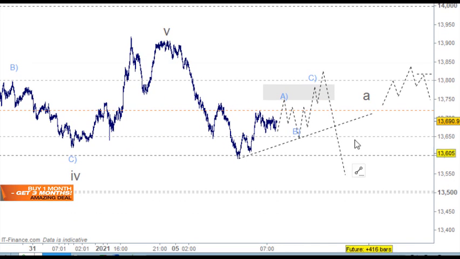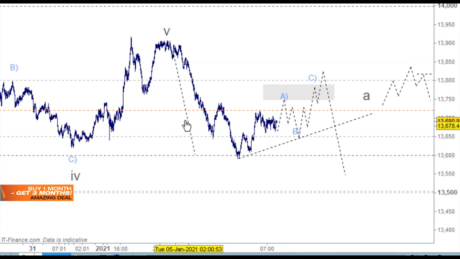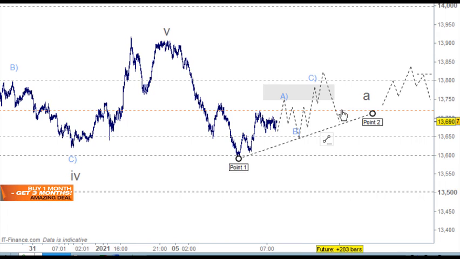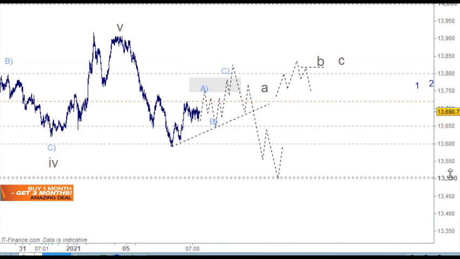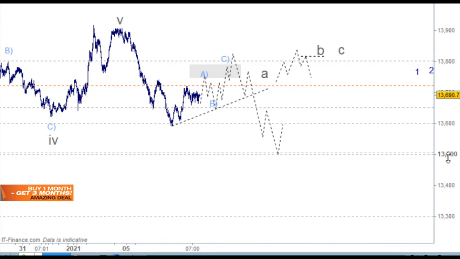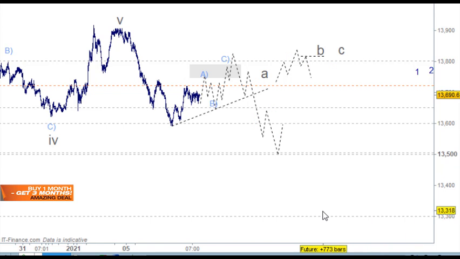But what I wanted to also say as well, if I just remove this here, let's just copy that. That's going to be a little bit longer than that, so that's okay. So that means that this move down through here, if this is going to be 1 and 2 and 3 and 4 and 5 down to here, now, as I mentioned before, we've got down to 13,400 here, but 5 is the second strongest number in the market, so it's highly likely that the market's going to spend some time there.